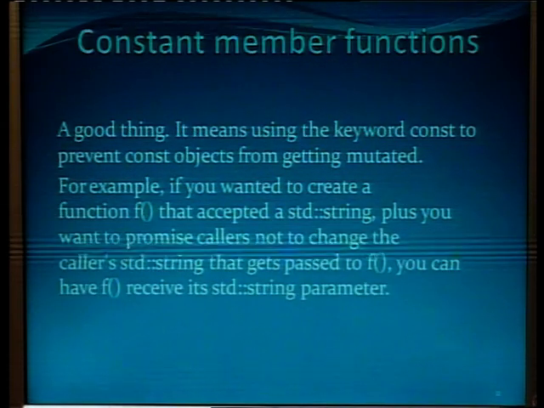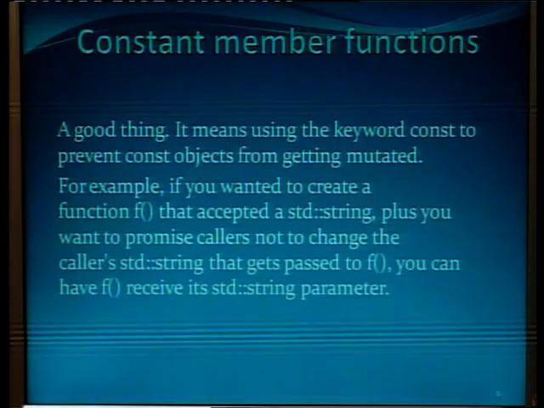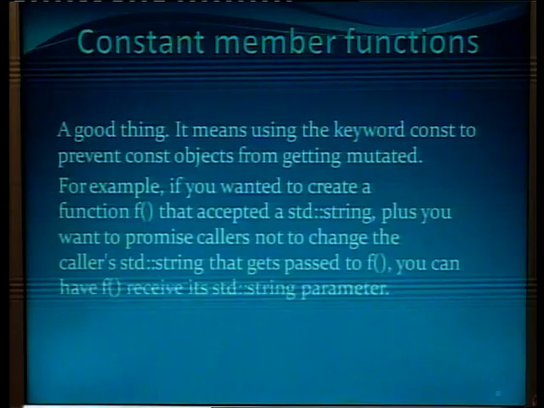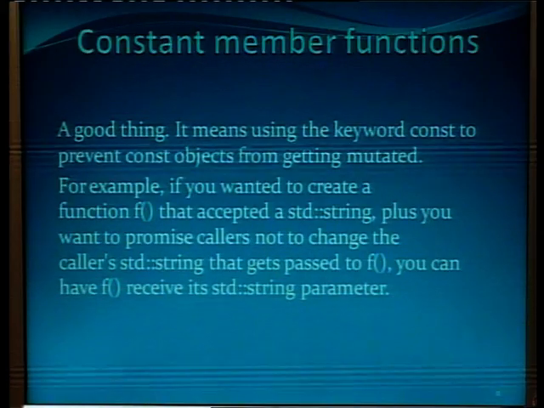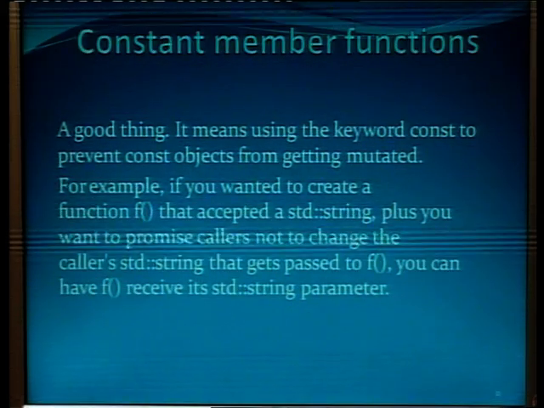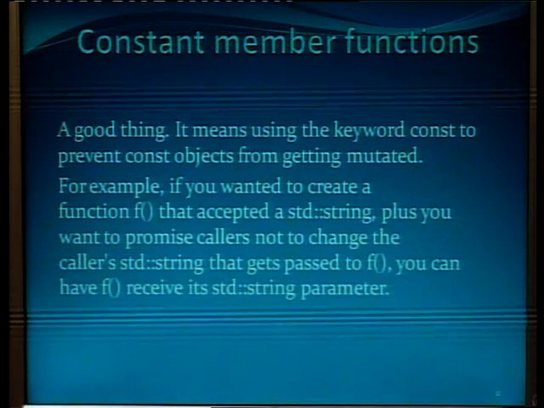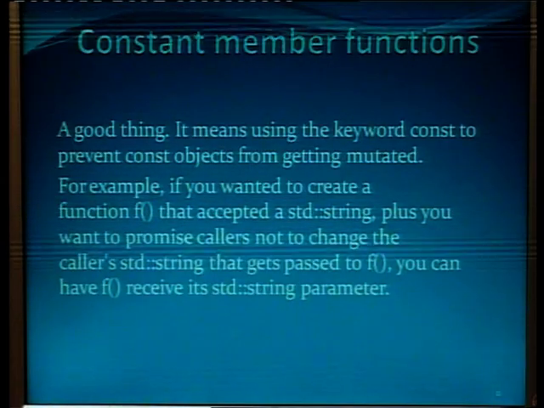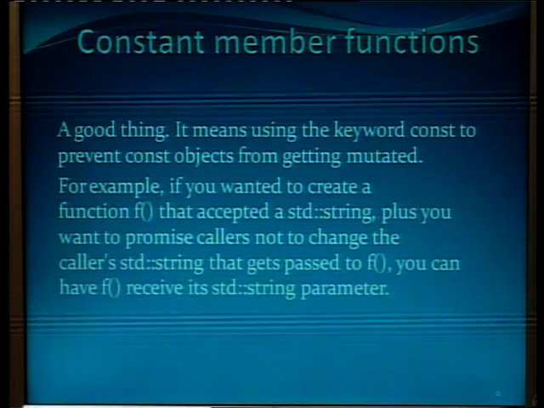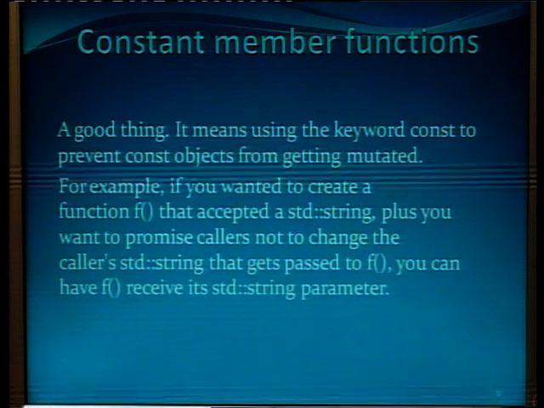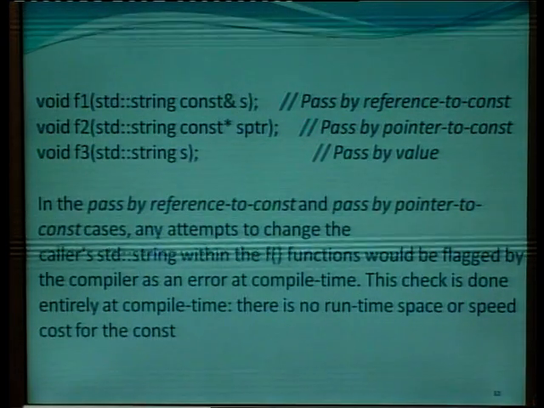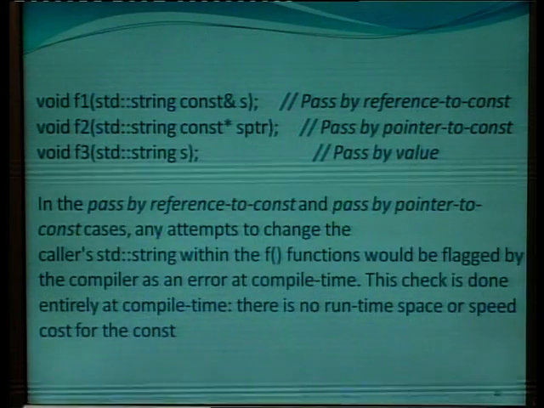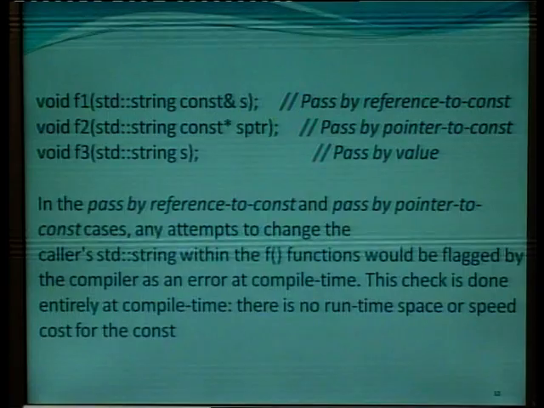For example, if you want to create a function f that accepts a standard string, you want to promise the caller not to change the caller's standard string that gets passed to the function. Here is an example of how we declare the function: void f1(const std::string& s).